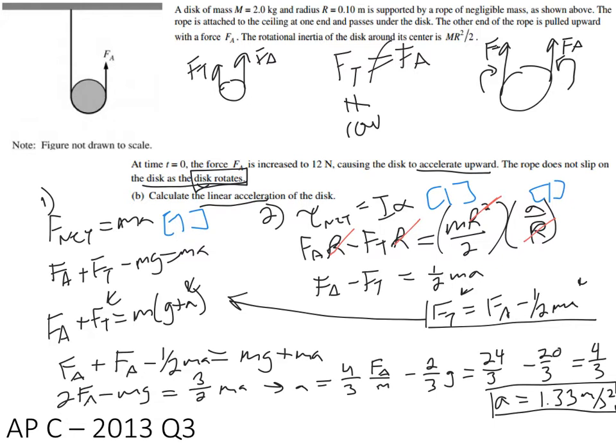You got 1 point for combining, and you got 1 point for the correct answer with the units. Alright, so that's where all your points come from. 5 points for this, and a lot of it required you to realize that you had to do two equations and two unknowns.